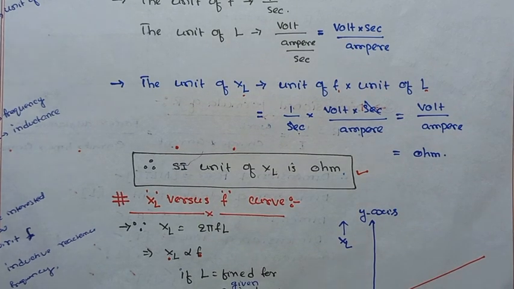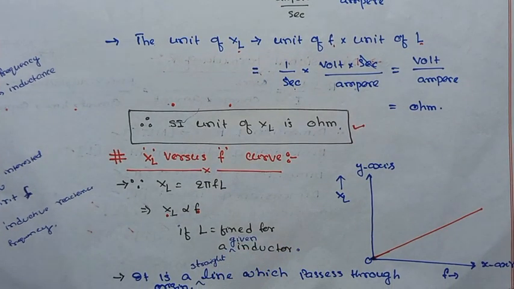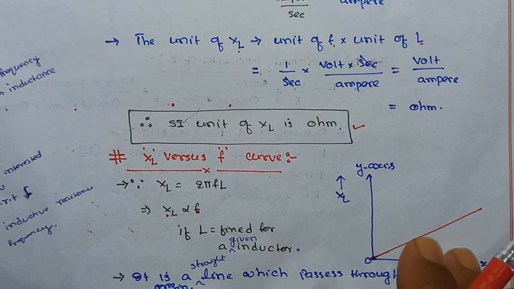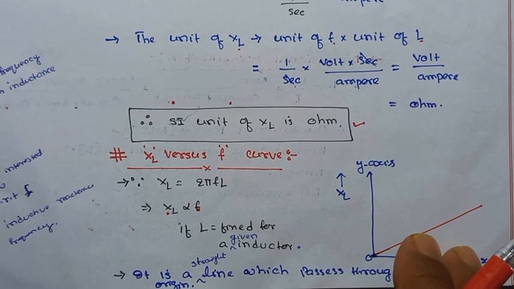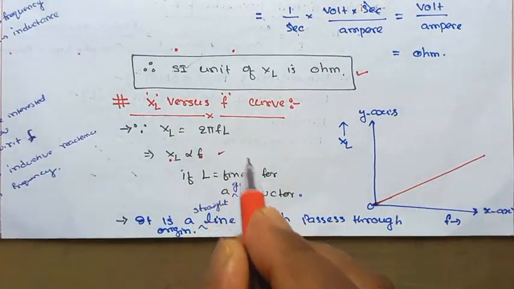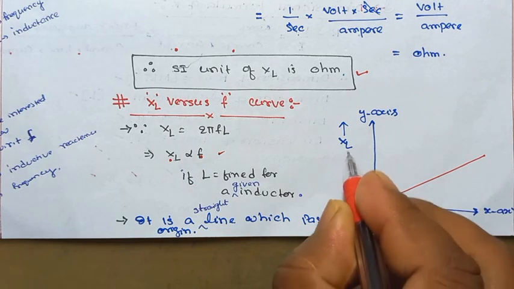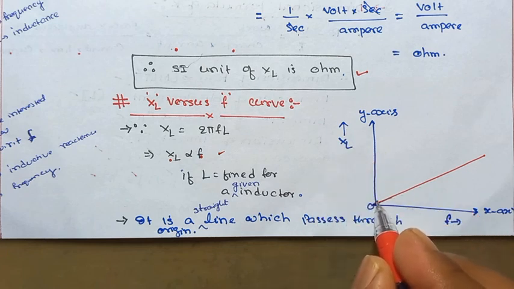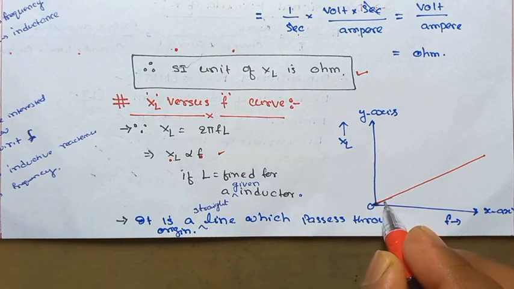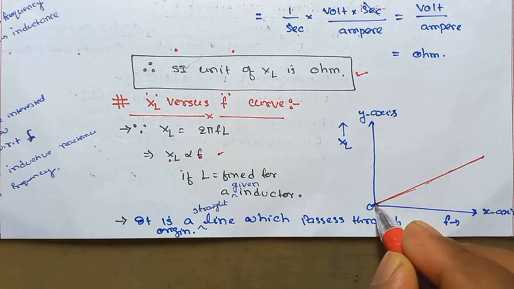ठीक है? अभी हम लोग ड्रॉ करेंगे XL वर्सेस F कर्व. हम सबको पता है XL is equal to 2 pi FL. If for a given inductor L is constant, that is a fixed value, therefore XL is proportional to F. Taking F along the x-axis and XL along the y-axis, if we draw the graph, then we will get a straight line which passes through the origin.